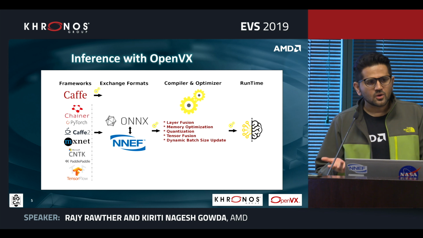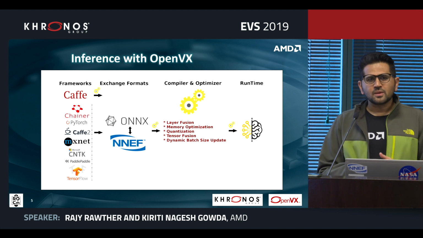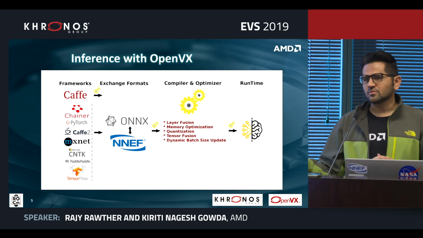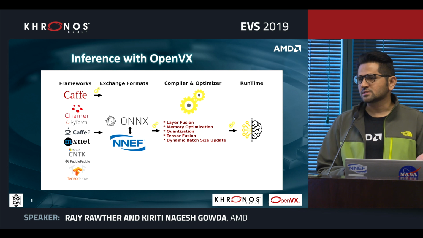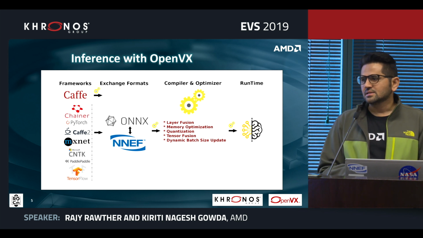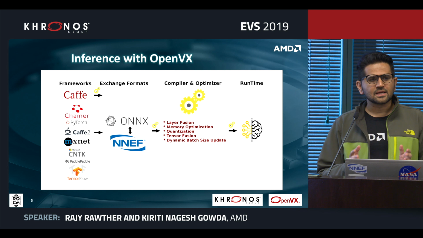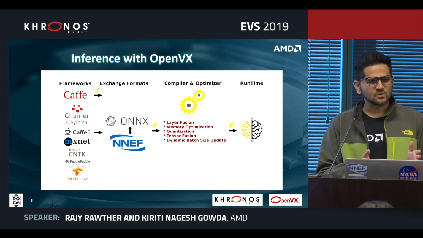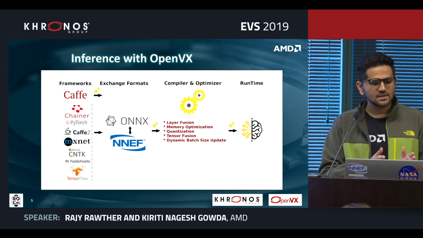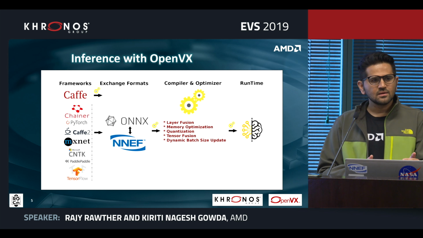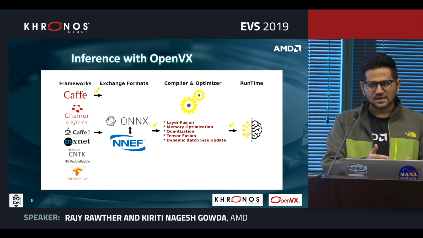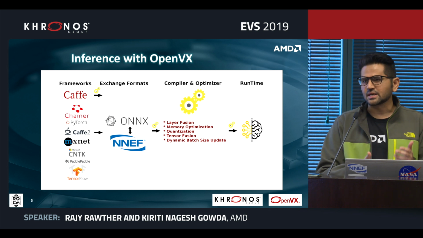Like we talked about, there are so many frameworks out there. People are comfortable using TensorFlow, some are comfortable using PyTorch, some just want to use Caffe. We don't want to stop people by saying that you have to use this framework. So we support all the frameworks in a way that we get it through ONNX or NNEF. And you can see that NNEF and ONNX are interchangeable.